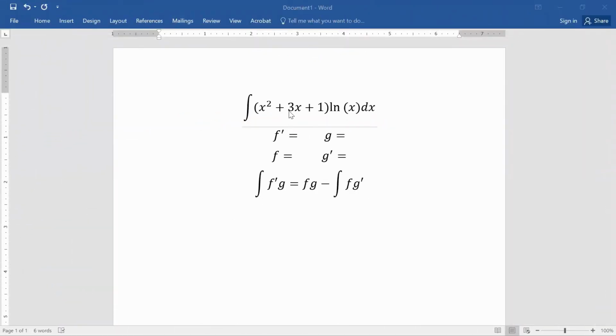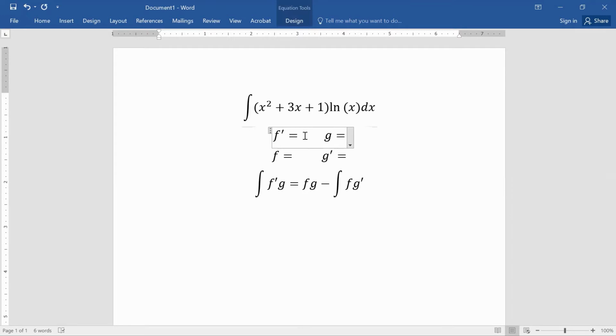Like I said, the natural log throws a wrench into how things are going to work. First off, if I tried to put the natural log in the f prime, we actually haven't seen what the antiderivative of natural log is. We know what the derivative of natural log is.